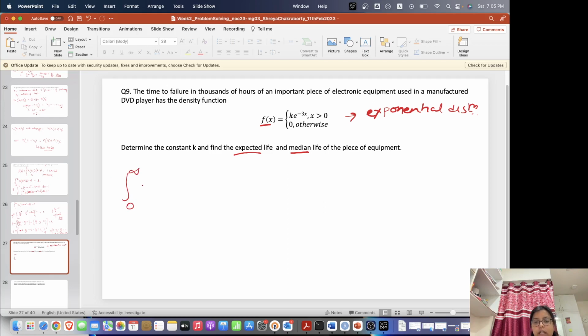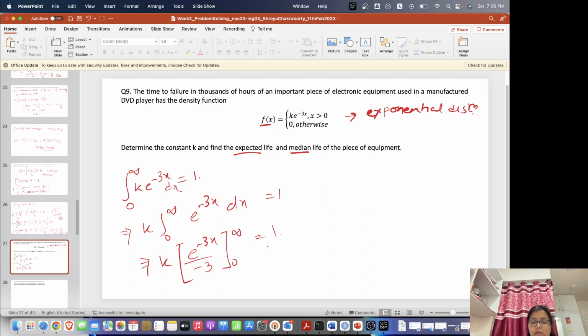0 to infinity k e to the power minus 3x should be 1. 0 to infinity e to the power minus 3x dx should be equal to 1.